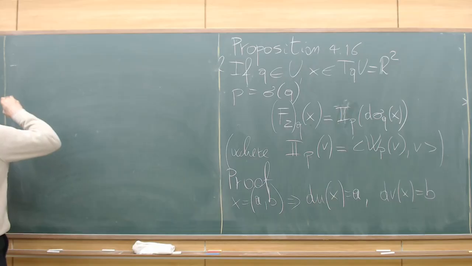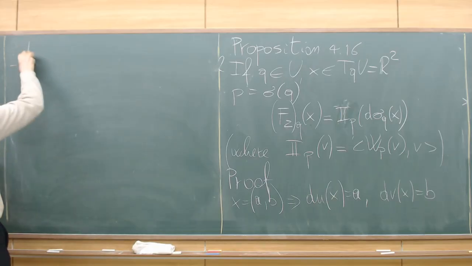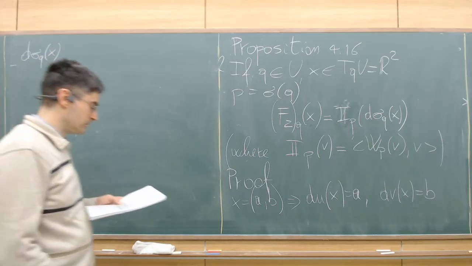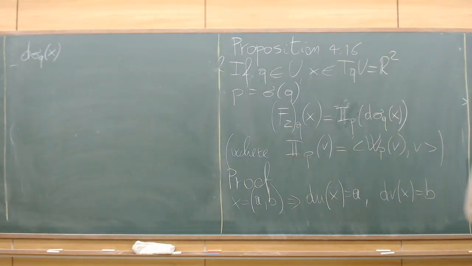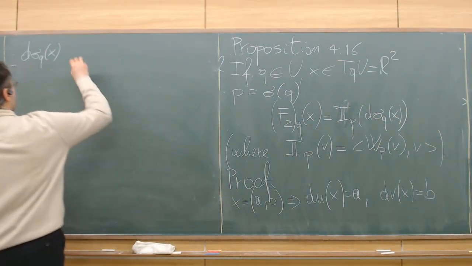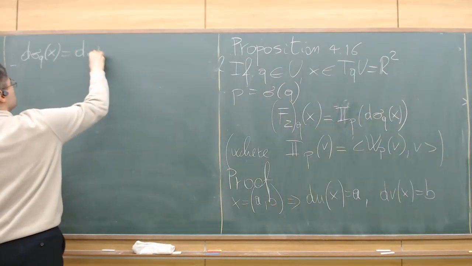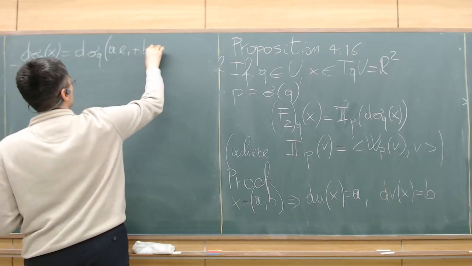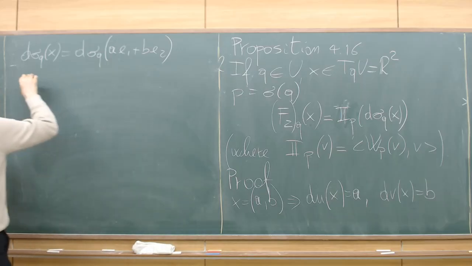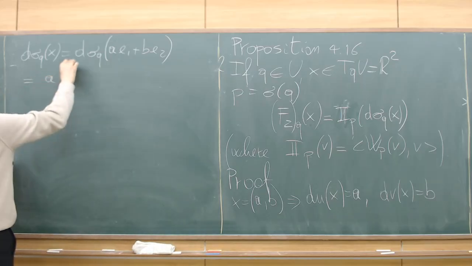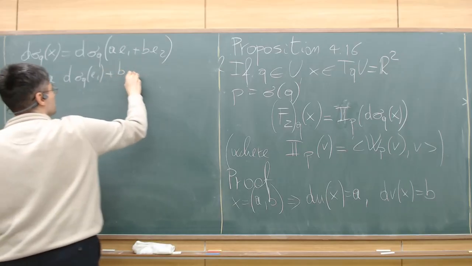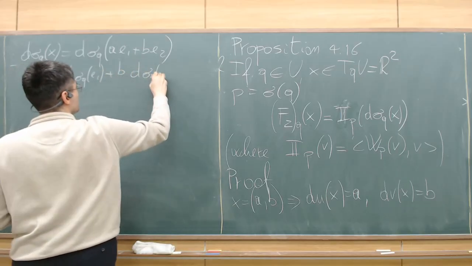Then what is d sigma Q of X? This is d sigma Q of A E1 plus B E2. That is A d sigma Q E1 plus B d sigma Q E2.